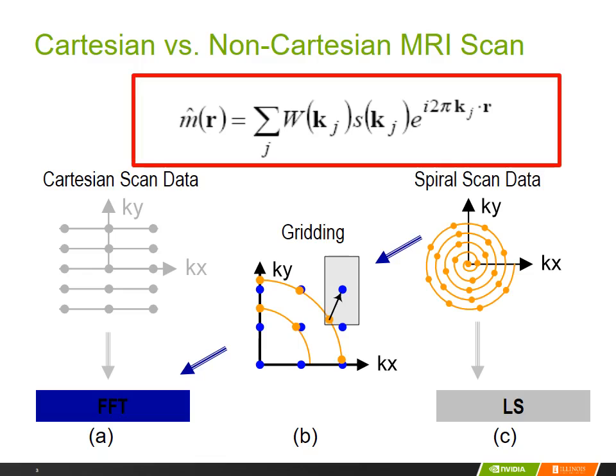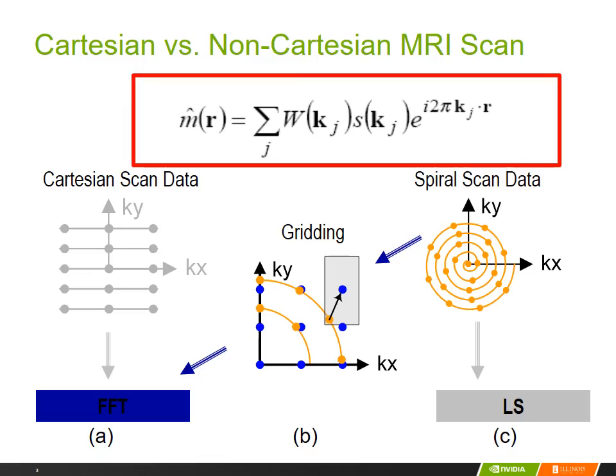The top formula in the slide shows the reconstruction of an object image or tissue image based on the K-space samples. M on the left-hand side is the reconstructed image that is a function of the space. And then the right-hand side is the formula for using the samples.